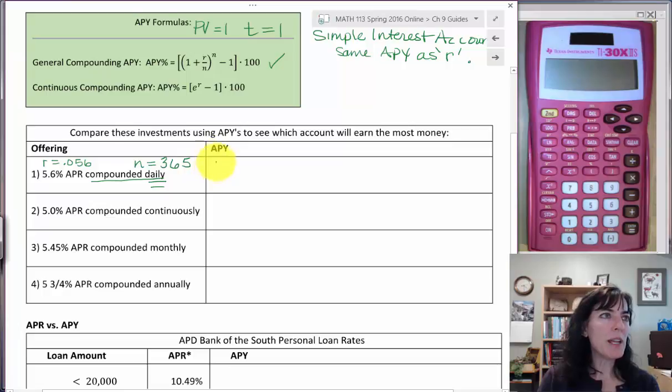So my APY equals 1 plus, and I'm just going to plug in my formula values because I don't have space to write it out and plug in and solve. So I'll do the 0.056 for the R over the N, which was 365, and then I have a parenthesis raised to the 365, minus 1, and then the big square brackets times 100.